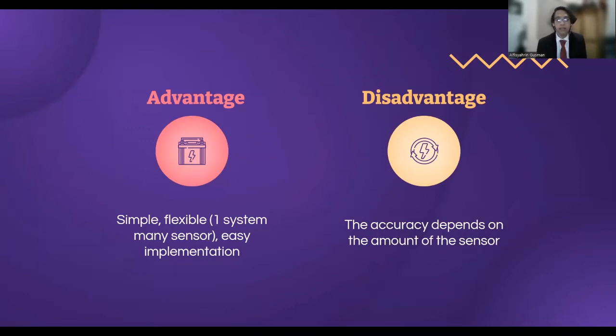While the disadvantage is that the mobility of the system is very dependent on the number of sensors. The more sensors, the more flexible the mobility of the robot, and the fewer sensors used, the more limited the mobility of the robot.